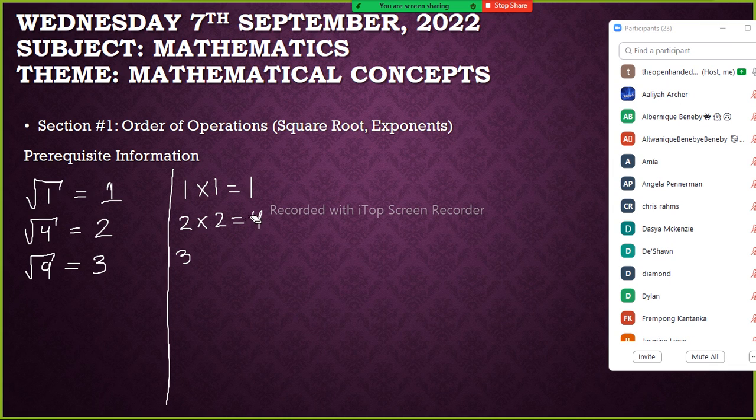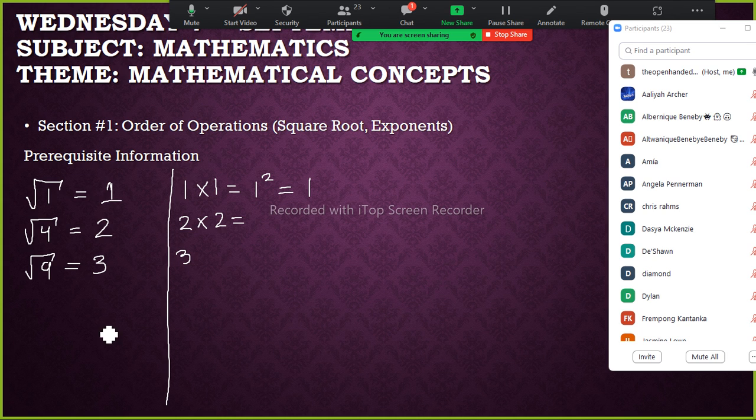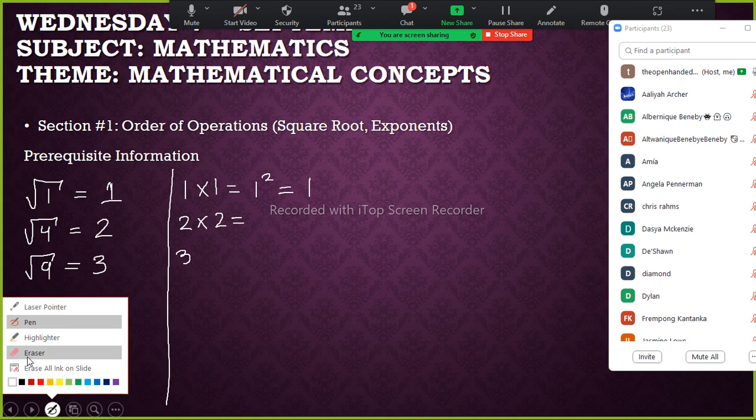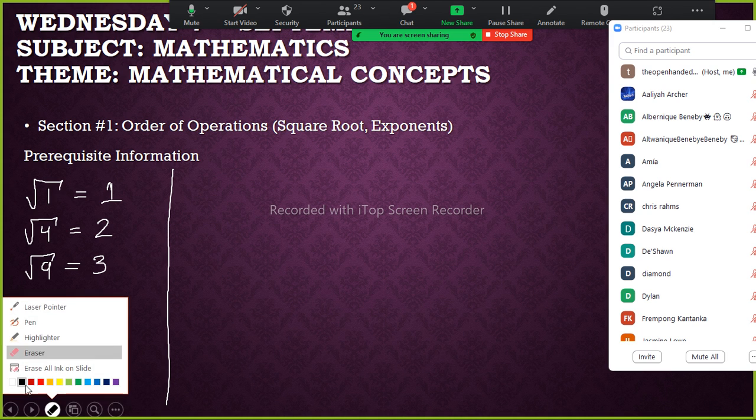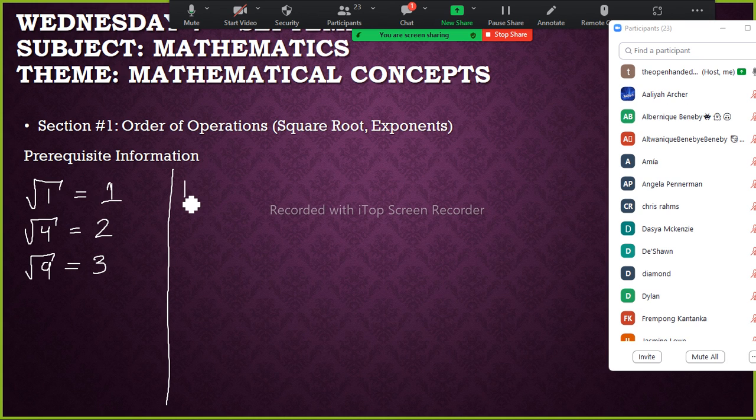Please forgive me. I want to arrange it in a certain way. So it's actually 1 squared, which is equal to 1 times 1, which is equal to 1.